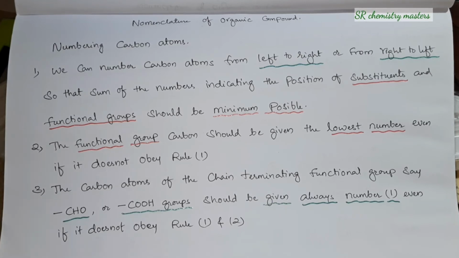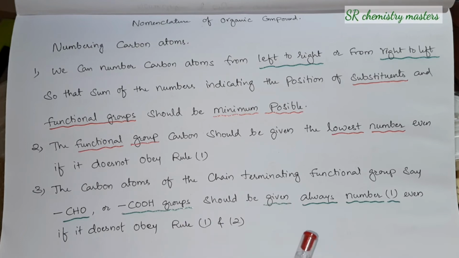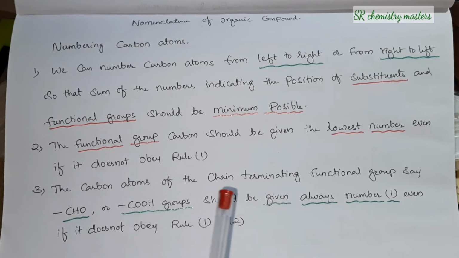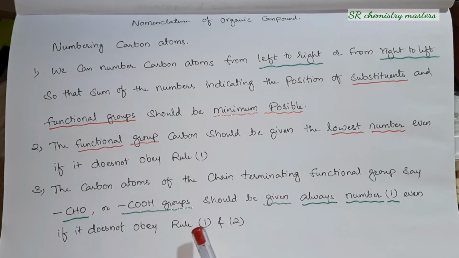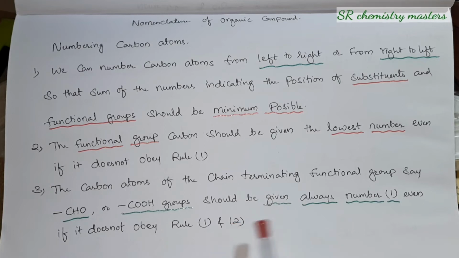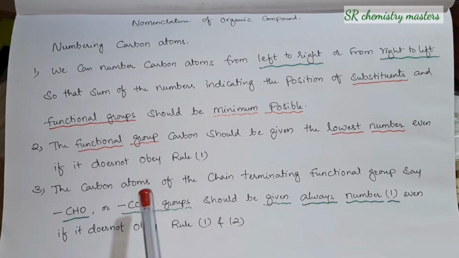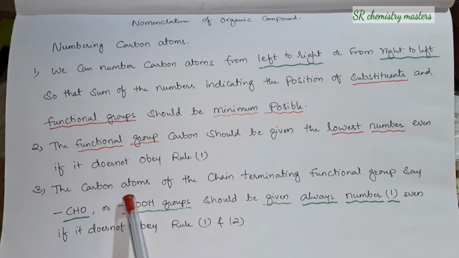And the third is the chain-terminating functional group, for example aldehyde or "oic acid", should be given the least or first number while writing the name of an organic compound, even if it disobeys rule 1 or rule 2. You are going to give the first number to the aldehyde group or acid group.